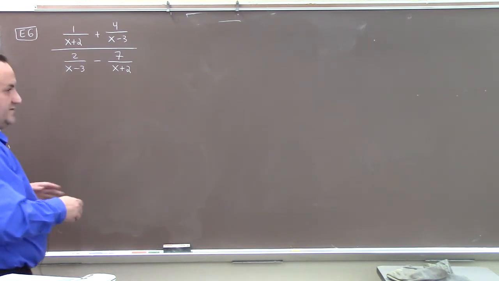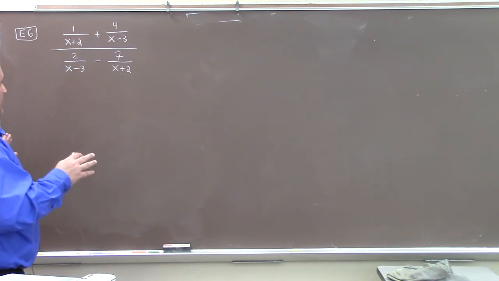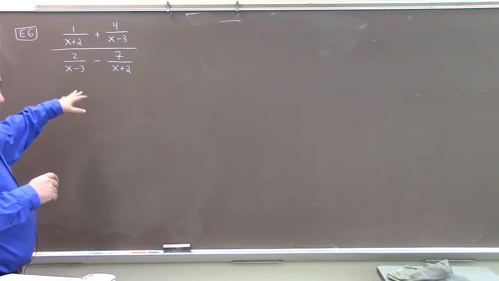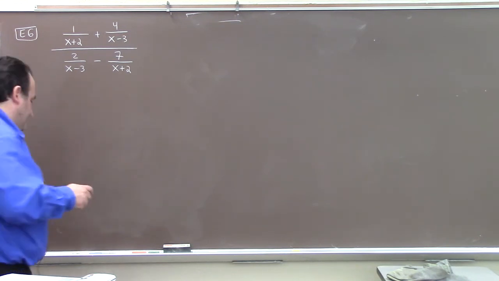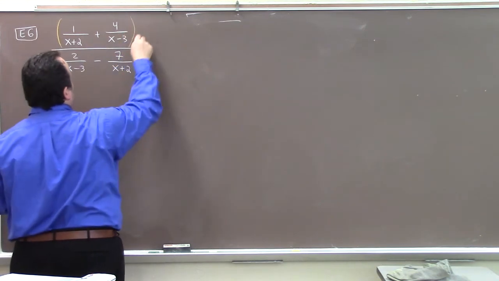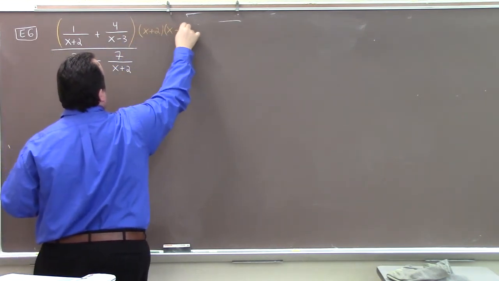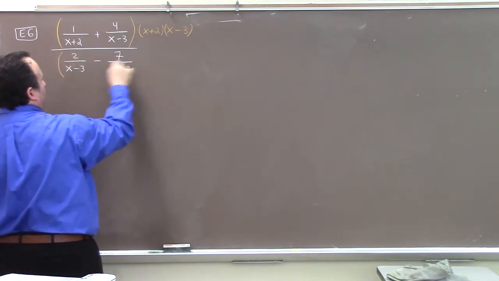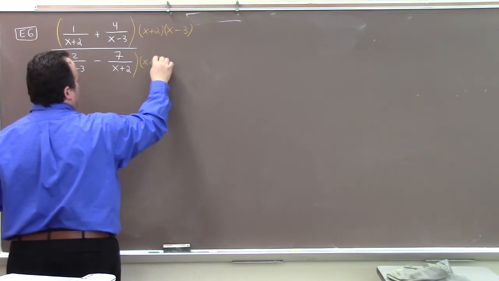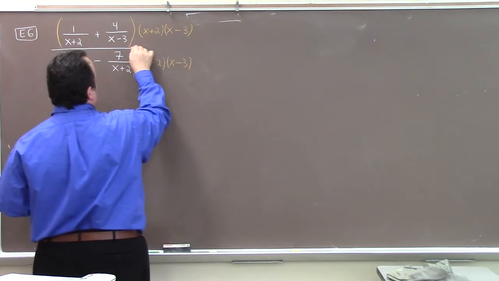So what do you do here? So like before multiplying by x, fix things, right? You look at it and go, I've got a denominator with x plus 2, I've got a denominator with x minus 3. I need to get rid of those, right? So the way to fix this one is to multiply the top and the bottom by the same thing. We have to multiply the top and the bottom by the same, otherwise it's not fair. So we're just multiplying by 1, but we're multiplying by 1 in a smart way.